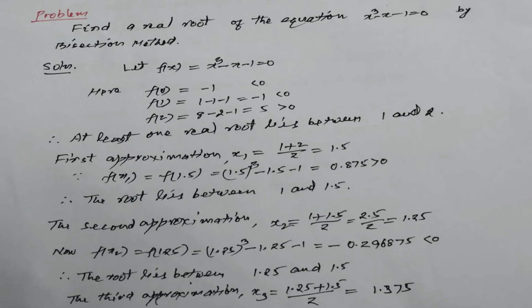After second approximation, the root lies between 1.25 and 1.5.